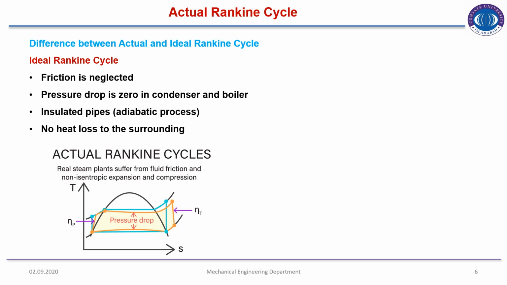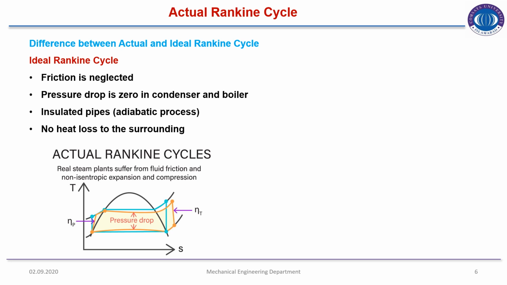So this is a schematic diagram. The cycle shown in the blue line is the ideal Rankine cycle, whereas the cycle shown in yellow is the actual Rankine cycle. If you look more closely, you will see a deviation between the lines for the ideal and actual Rankine cycle.